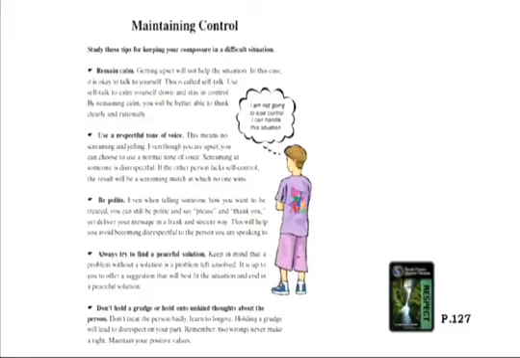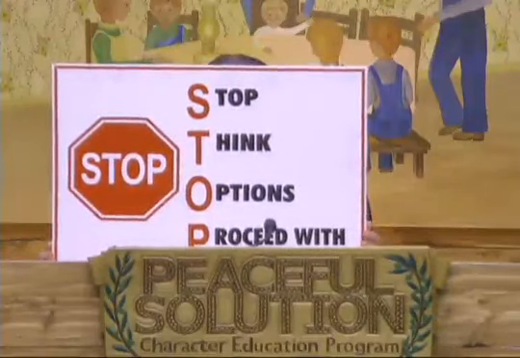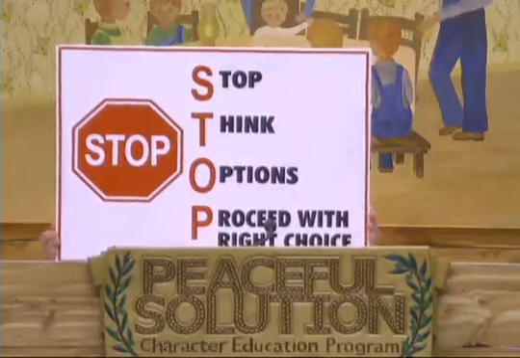So it says, use self-talk to calm yourself down and stay in control. By remaining calm, you'll be better able to think clearly and rationally. Remember, that's why we have the STOP acronym. This is why we have this here. Why do we stop in this particular sequence?